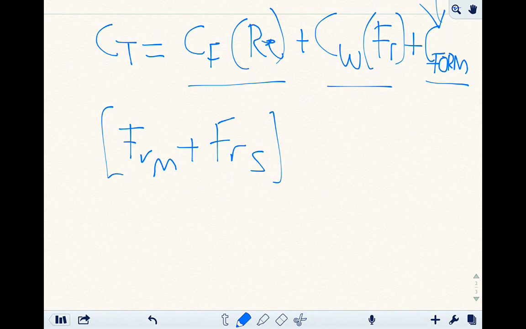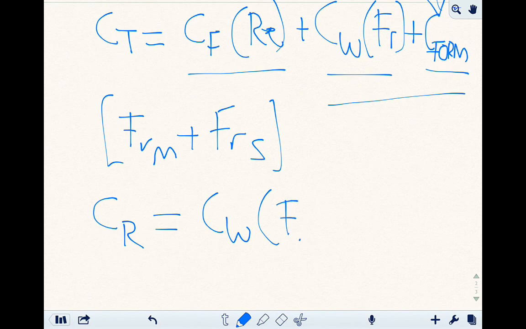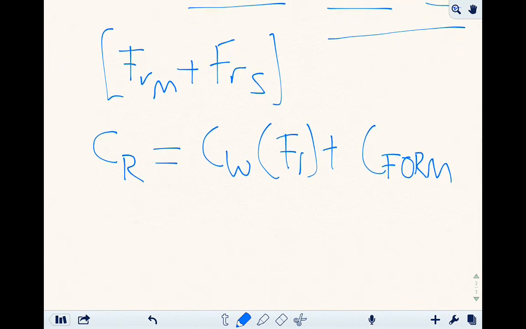Now what we can do is group these two terms together. We're going to define a new resistance called residuary drag. CR equals CW of Froude plus C form. Now the CR is dependent on the Froude number and only on the Froude number. It's a Froude number dependency and a constant dependency.